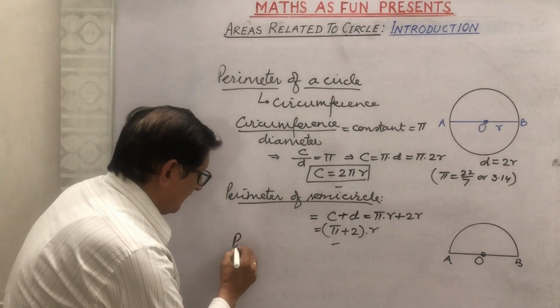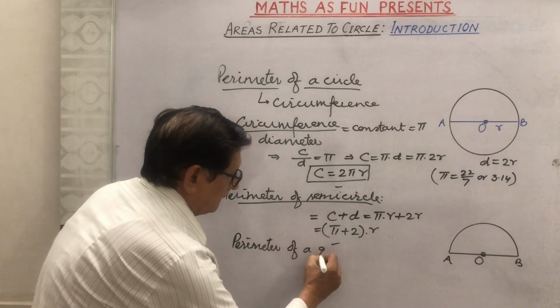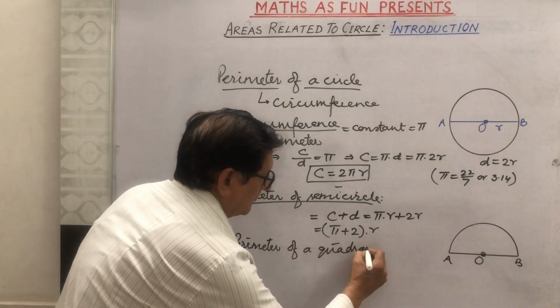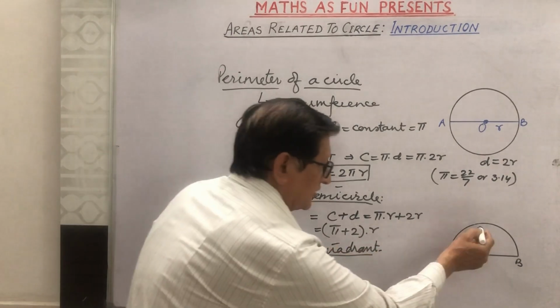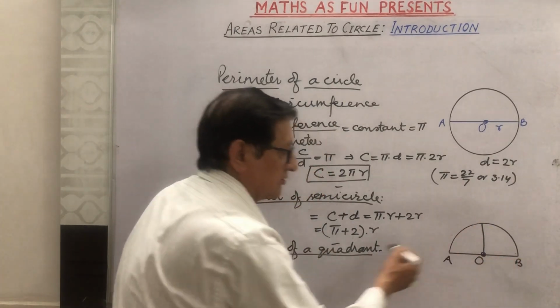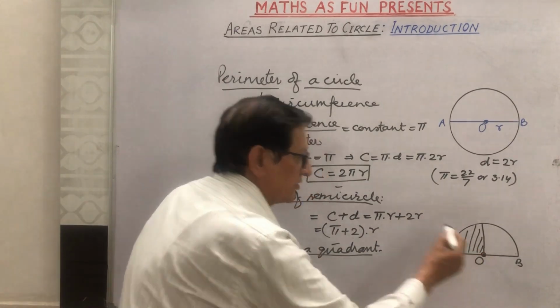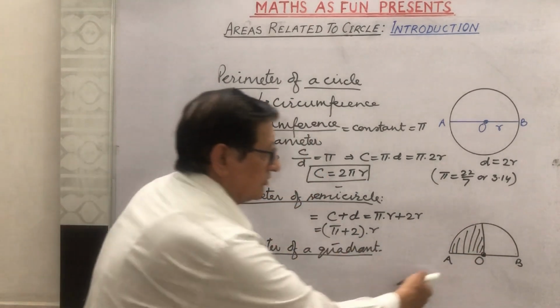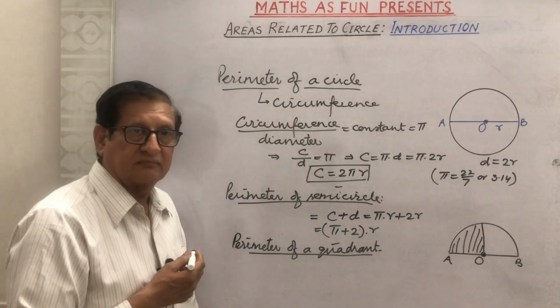Then the perimeter of a quadrant. Suppose we convert it into a quadrant, we draw a radius here perpendicular to this diameter. Then this is the quadrant. In a quadrant also we find that this is the circumference and there are two radii in this.